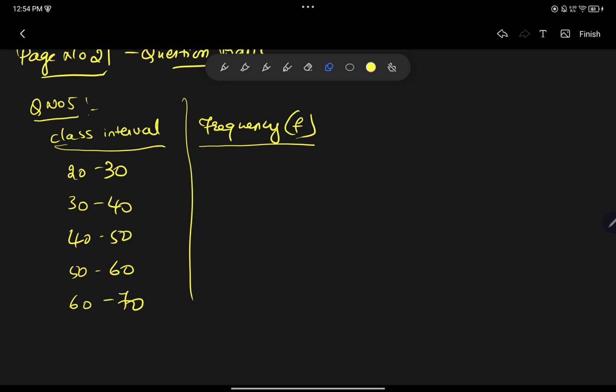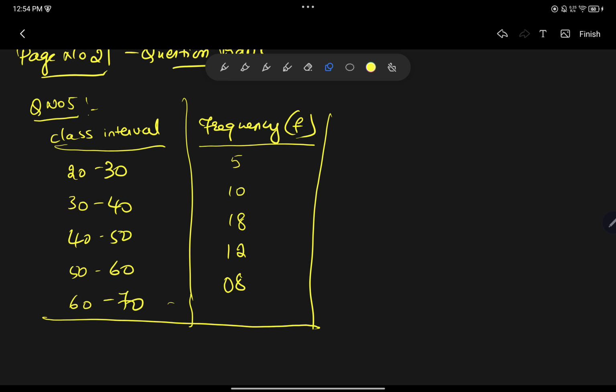The frequencies are 5, 10, 18, 12, 8. Now it is so simple. What you need to do is find out which is the highest frequency.